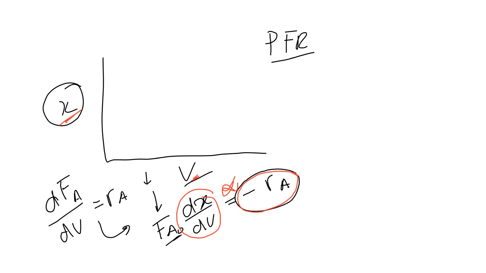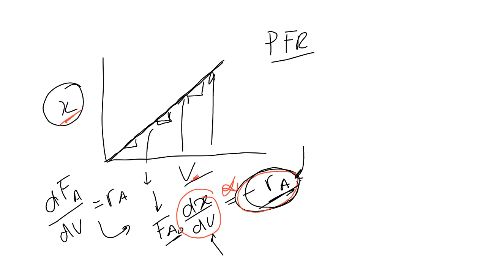For instance, if there is a constant rate, what this means is X will increase linearly with V, because the slope, delta X over delta V, is going to give me that constant rate. A shape like this tells me that the rate does not change along the volume of the reactor. So it stays constant. At this point and that point and that point, I observe exactly the same rate.